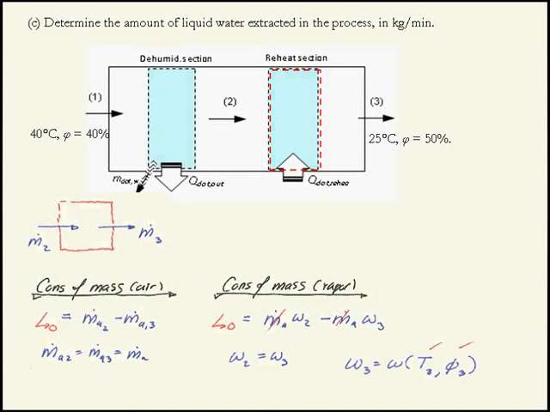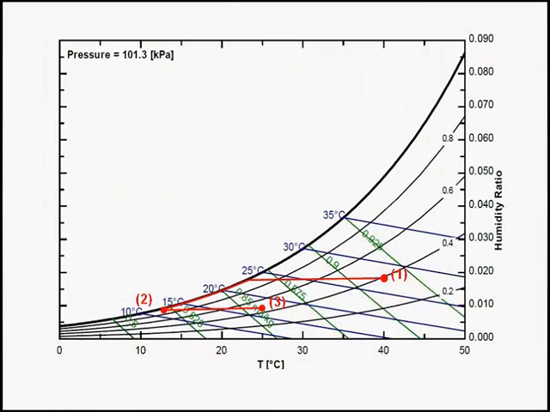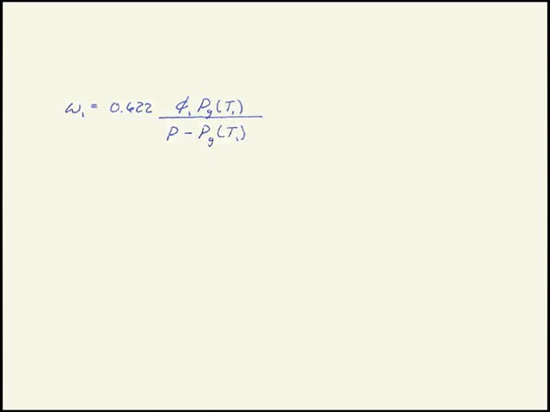So I can find the humidity ratio at 2 by knowing the humidity ratio at 3, which is fixed by T3 and Phi3. Of course, when we drew our initial psychrometric diagram, we used this fact implicitly, the humidity ratio not changing from 2 to 3. We can prove that to be true by looking at conservation of mass for only the water from 2 to 3.